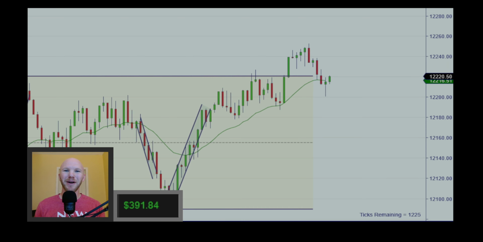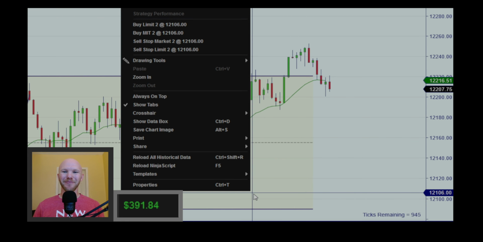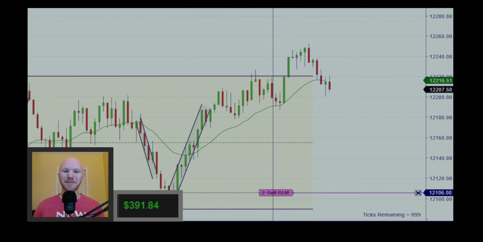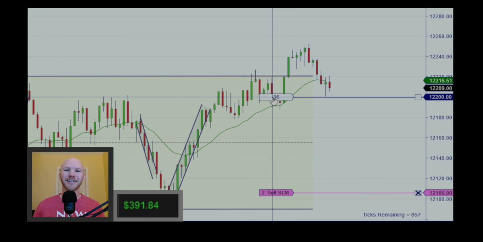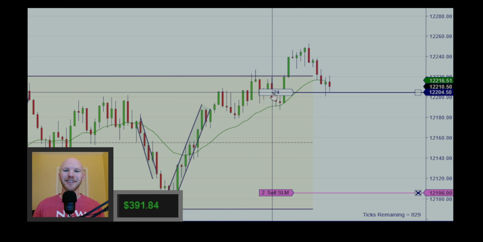Okay, it does look like we might have one more chance to play the short back into the range. Looks like it might be setting up nice here. I'm gonna get my order ready, and I can break it down here in a minute. So we're looking at a failed second entry long, possibly.